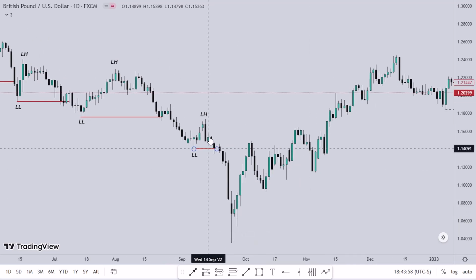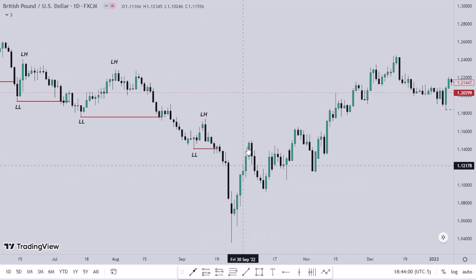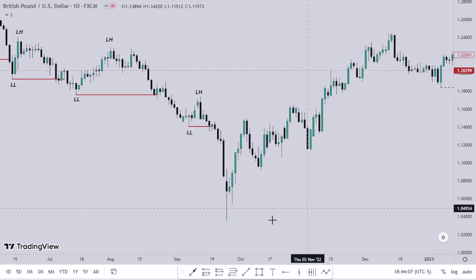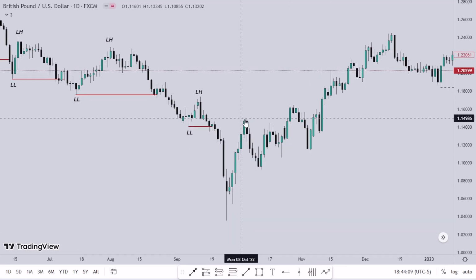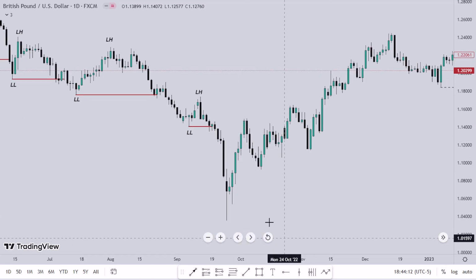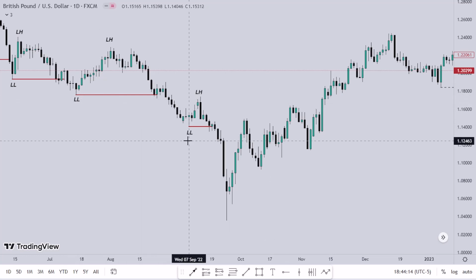So you see that we broke this low, we pull back. This was supposed to be a lower high to then make a lower low. You can see that after it pulls back, it failed to break this low to make a lower low like we are seeing here.